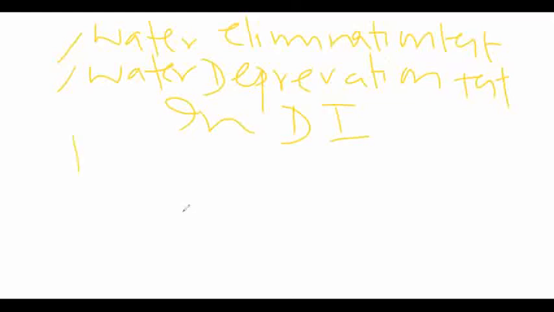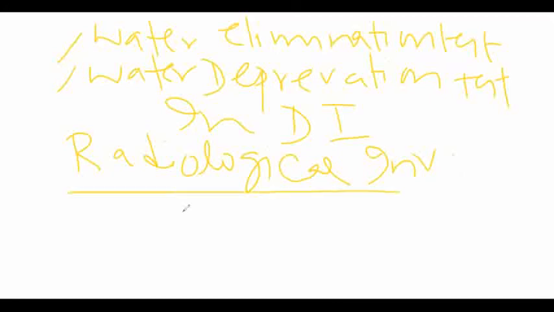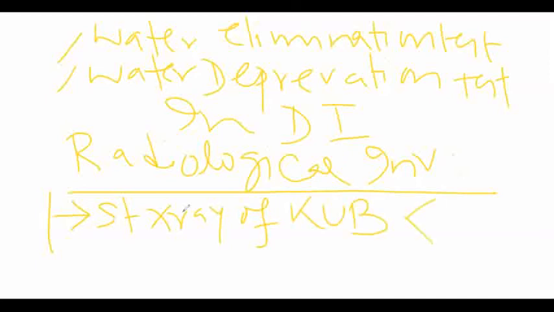Next is the radiological assessment. So what are the radiological investigations? Most typically in our day-to-day clinical practice, we can do a straight X-ray of kidney, ureter, bladder, AP view as well as lateral view, to check for renal stones in the kidney.